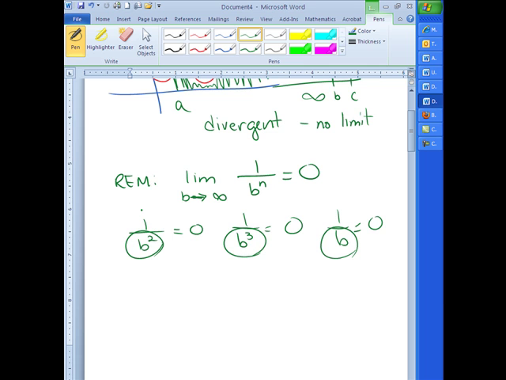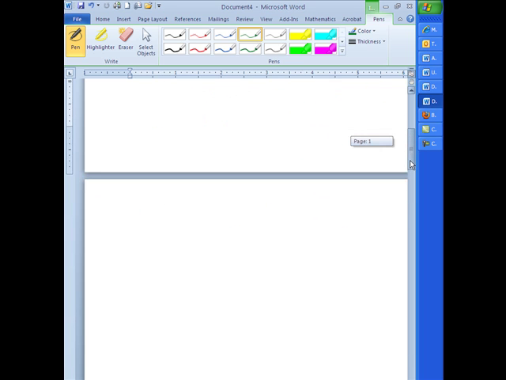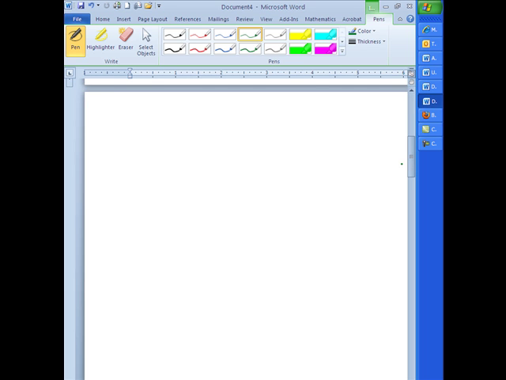So our goal is going to be to look at what happens as things go to infinity. There are 3 types of improper integrals. One where we go just to infinity, one where we might go to negative infinity, and one where we start from negative infinity and go to infinity. So let's do an example of each of those.